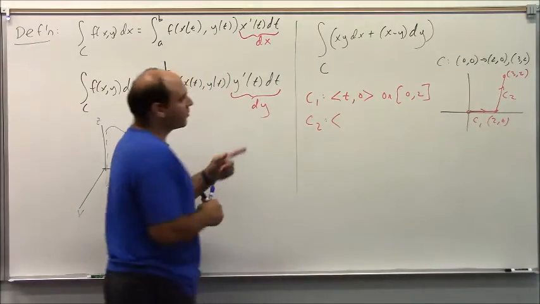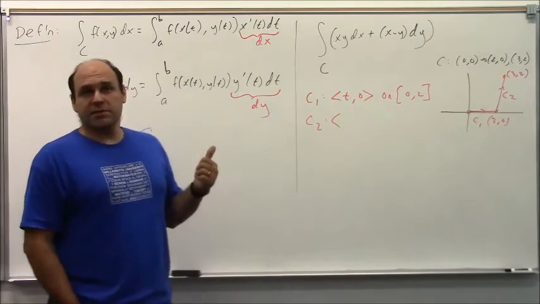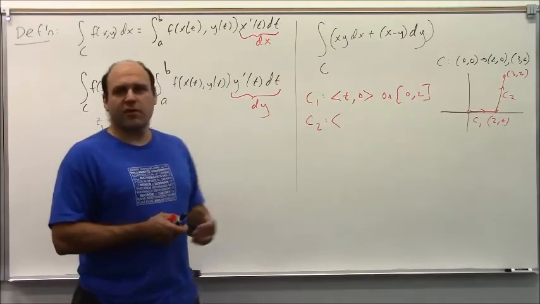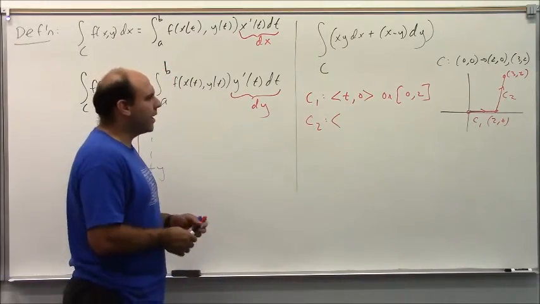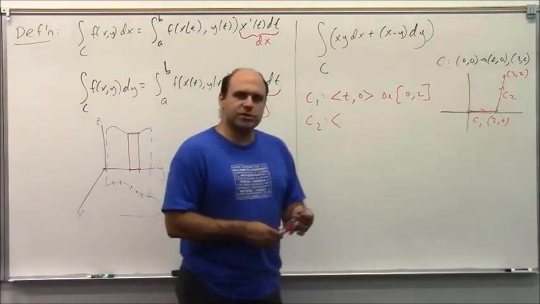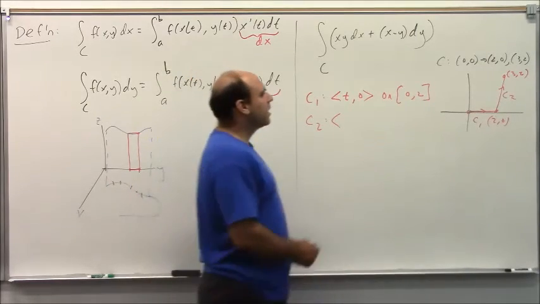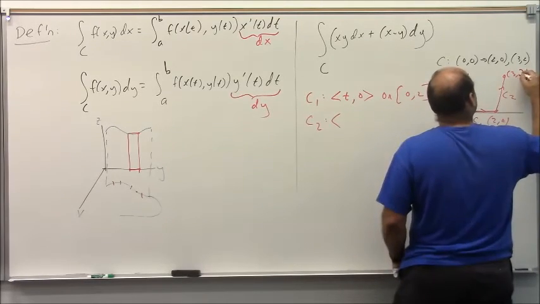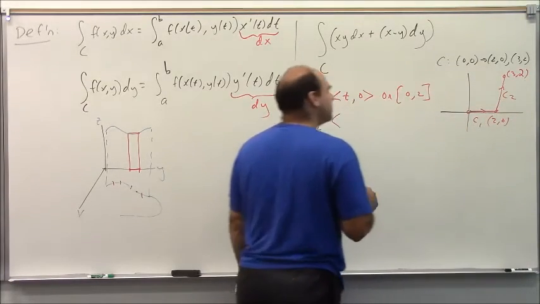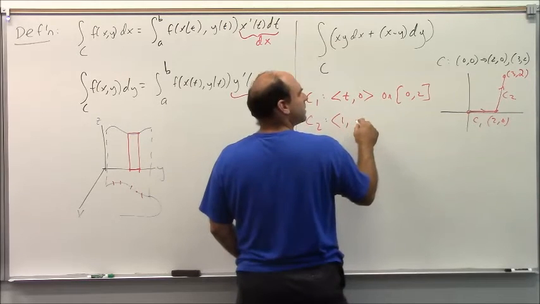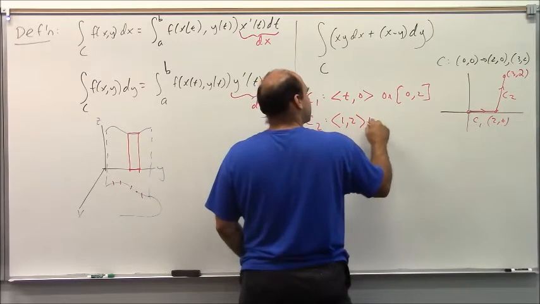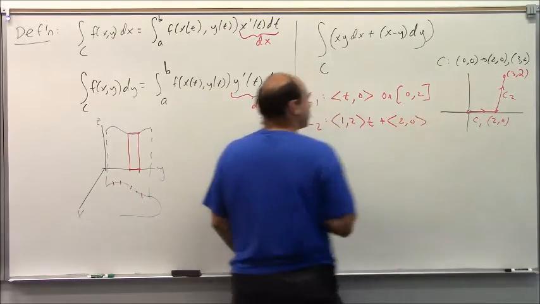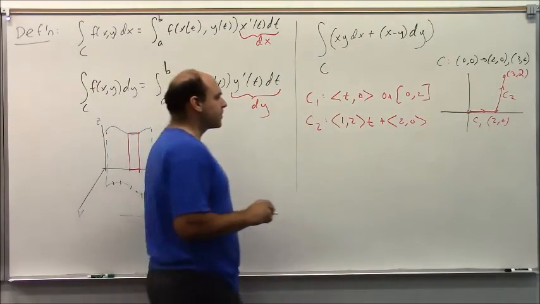I haven't been doing those for the line segments like on the triangle in the previous example, or this line segment, just because they're already so nicely described in terms of x or y. But now I'm going to go back to that old version. So do you remember how to do the old version? I need to take my final minus initial, so that's going to be (1, 2), times t, plus my initial, (2, 0). Okay, so that's my parameterization.